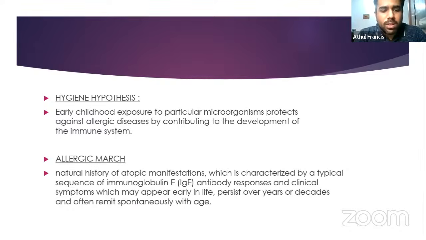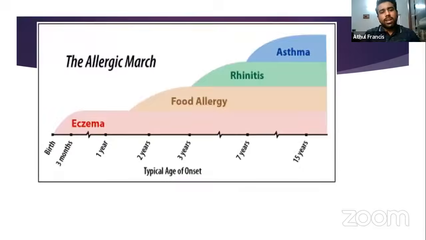So it's the natural history of atopic manifestation, characterized by a typical sequence of immunoglobulin antibody responses, which may appear early in life, persist over years or decades, and often remit spontaneously with age. That is, he may progress from atopic dermatitis to allergic rhinitis and allergic asthma, and later regress or remit spontaneously with age.